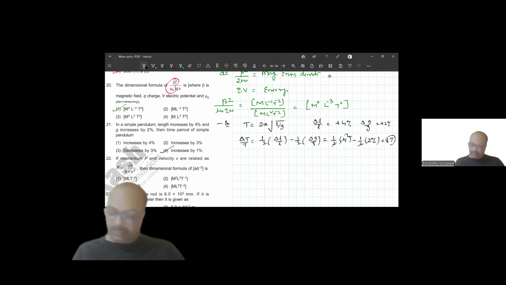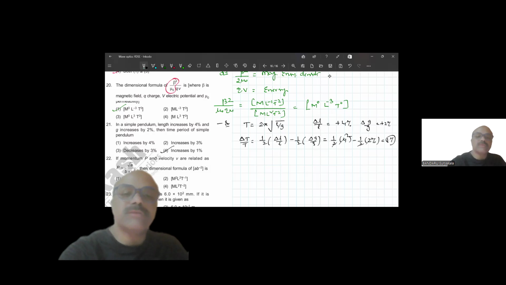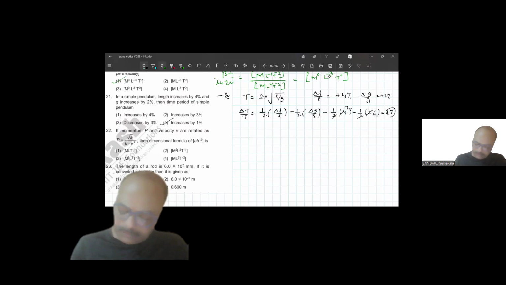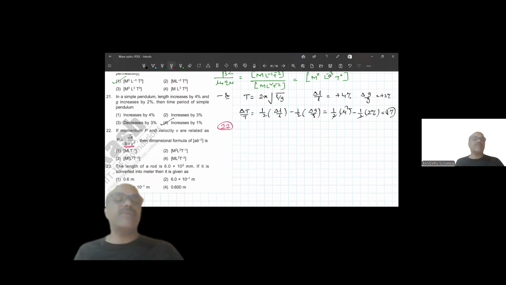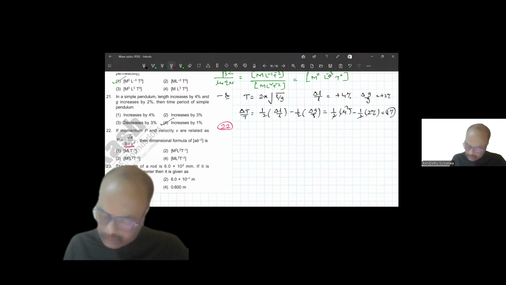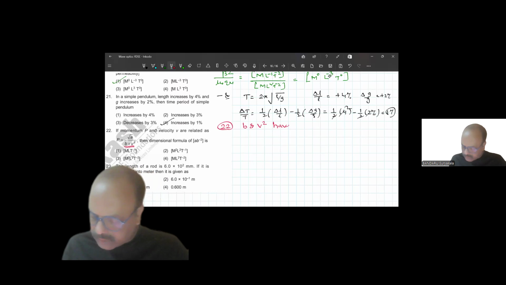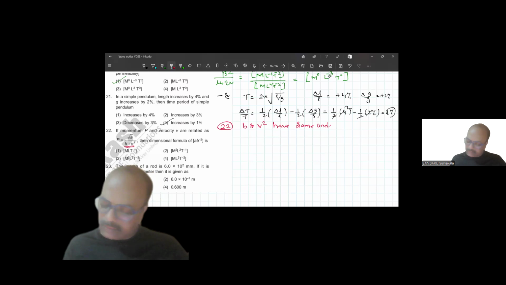Next. Problem number 22. B plus V square. If you add B and V square, they must have the same units. So V equals root A by B, plus B becomes B only, no?